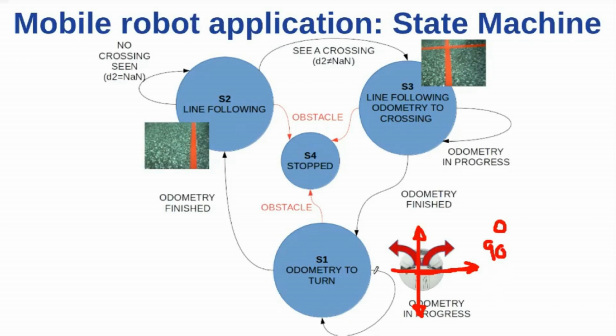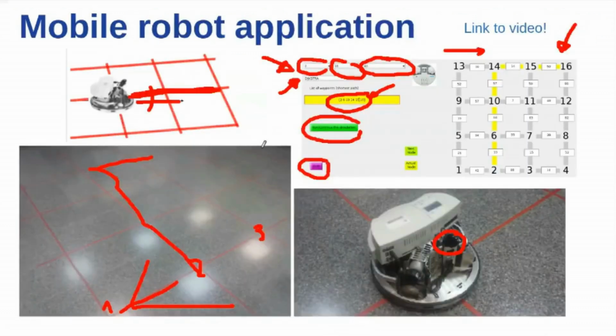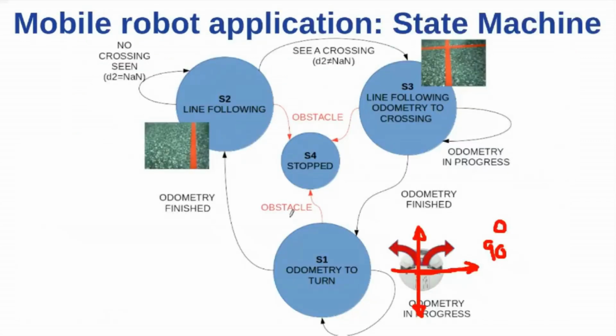So it will depend. A very important thing is that you are not expected to build this state machine, right? The objective of this course is to build a graphical user interface in order to manage this, right?